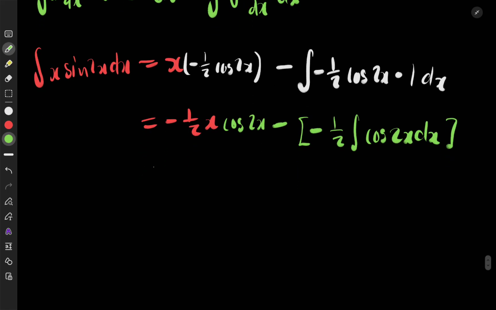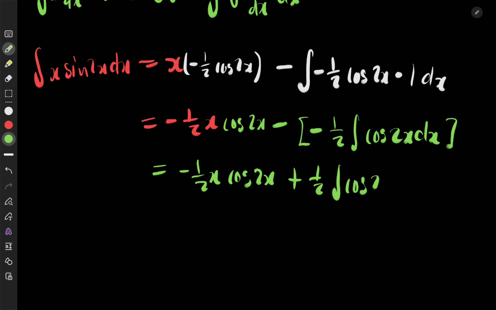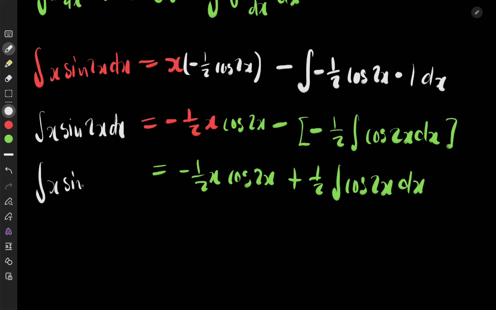So what am I going to get? Negative half x cos 2x, then minus becomes plus half the integral of cos 2x with respect to x. And here we have said that this is the integral of x sine 2x with respect to x.